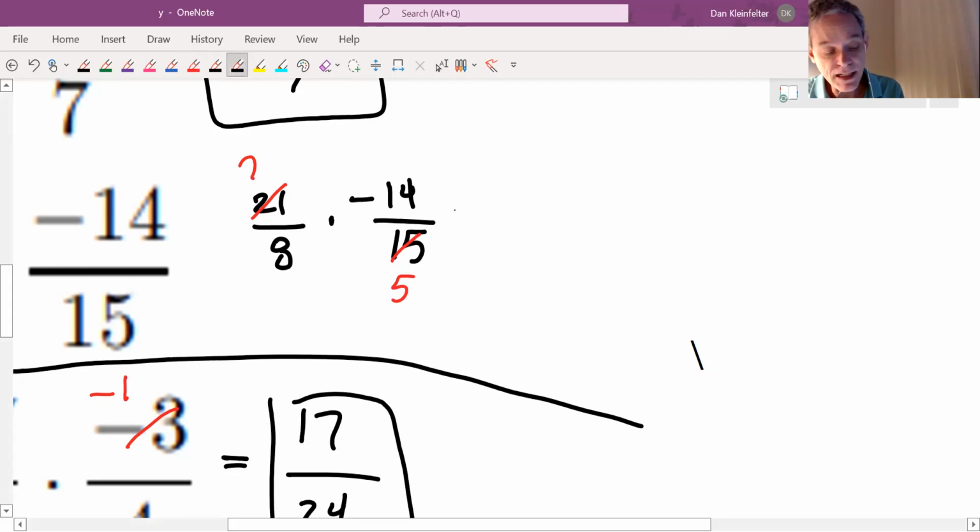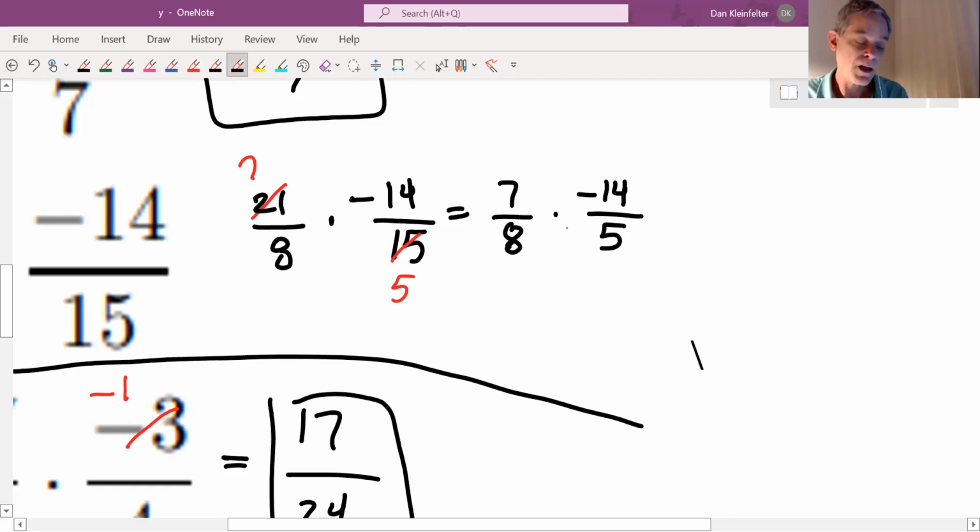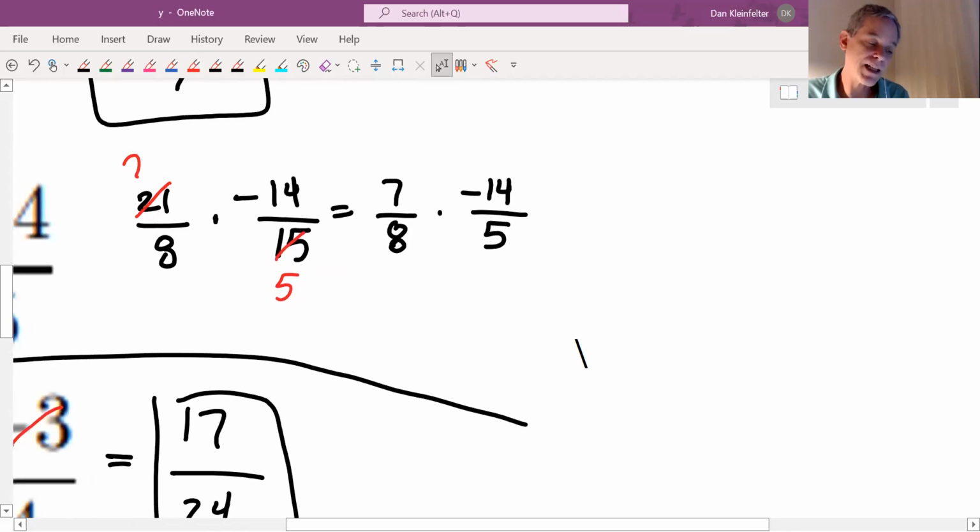Just to keep it clear, I'm going to do more simplifying in the next step, so let me just recopy. We'll have 7/8 times negative 14 fifths. Then 8 and 14 have a common factor of 2, which can be divided out. 8 divided by 2 is 4, and negative 14 divided by 2 is negative 7.